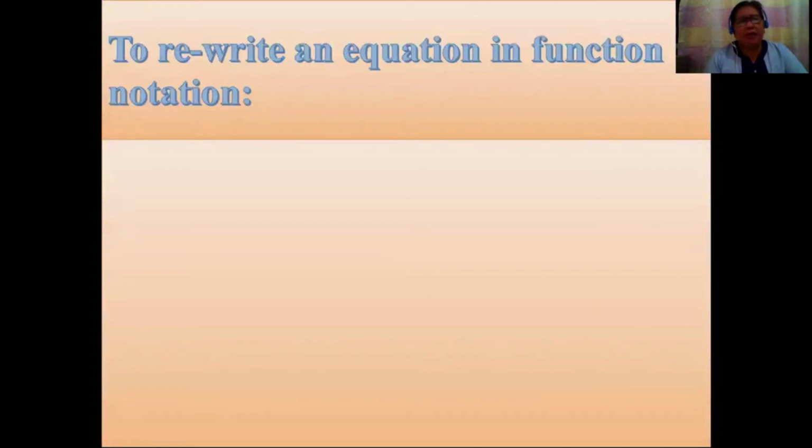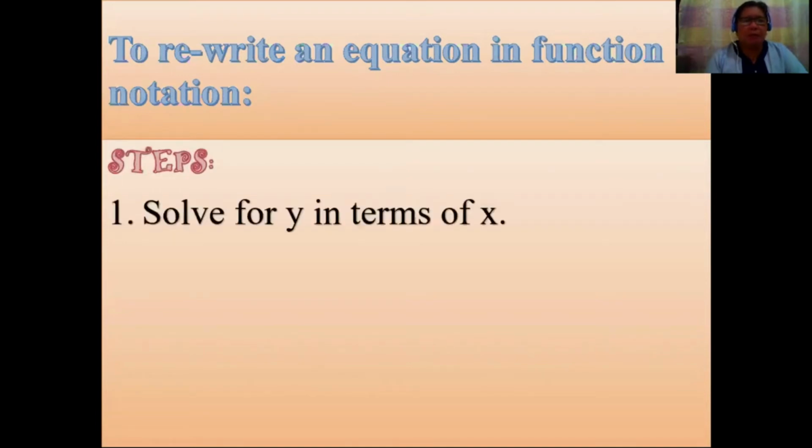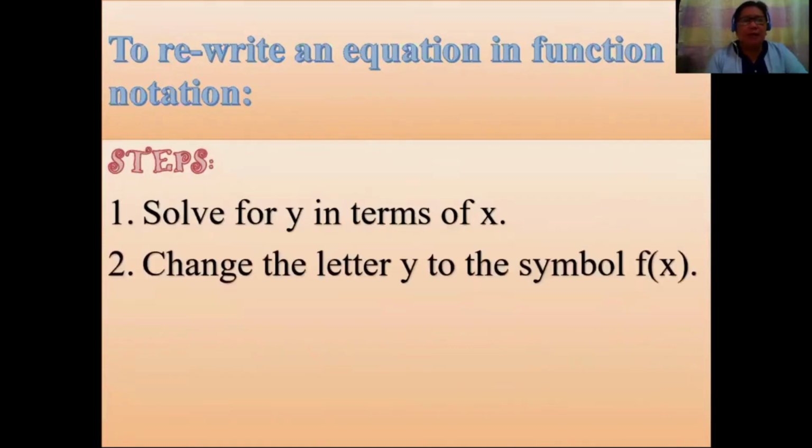To rewrite an equation in function notation, if it is not in slope-intercept form, or if it is in standard form, we have to follow steps. Number 1. Solve for y in terms of x and change the letter y to the symbol f of x.